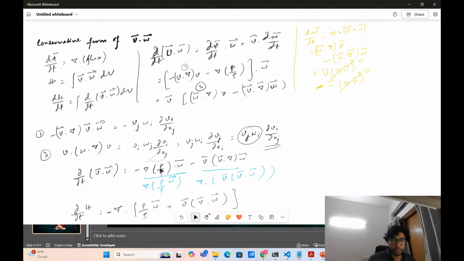Right. So we combine. Yes. So you can also have an integral form, or you can also leave it like this. So you can have an integration on both sides as well over dv, or you can leave it in this form as well.